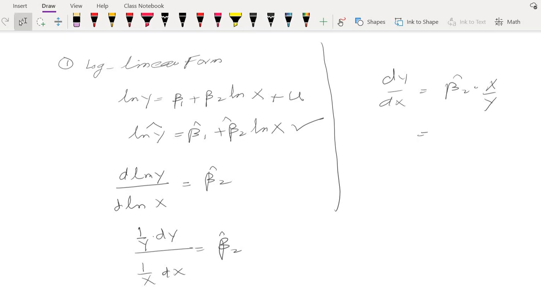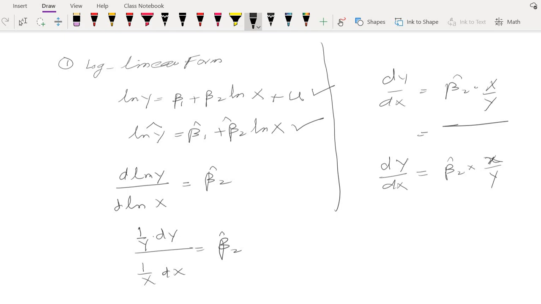This side is the slope, because dy by dx is the slope. So if I have an equation like this and I'm looking for the slope, the slope is not only beta 2 hat, it is beta 2 hat into x by y.